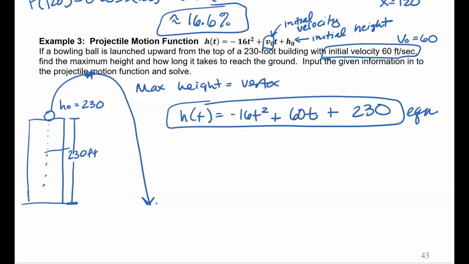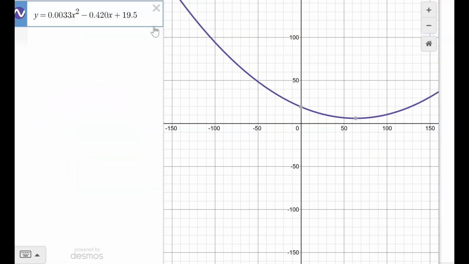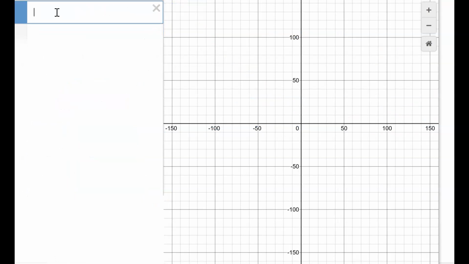Then if we want to find the vertex, there's two ways to do it. You could use the vertex formula. Step one is vertex formula. You could do x equals negative b over 2a, or you could graph it. I'm just going to graph it, because our focus here is really just interpreting this and not so much every single bit of the algebra.